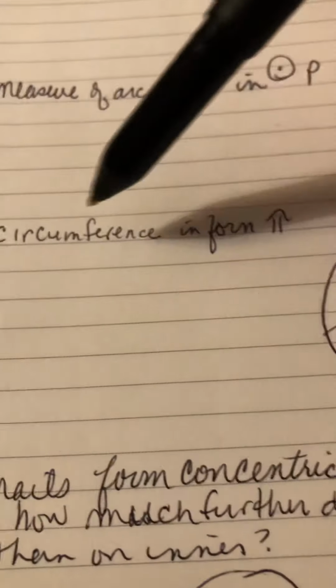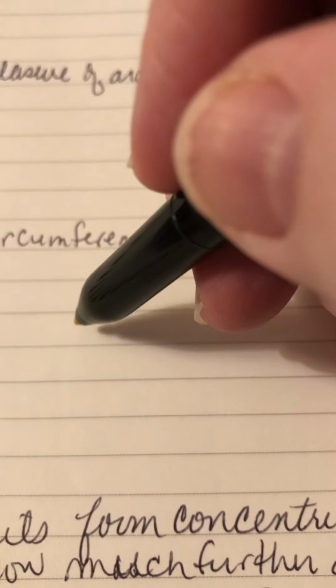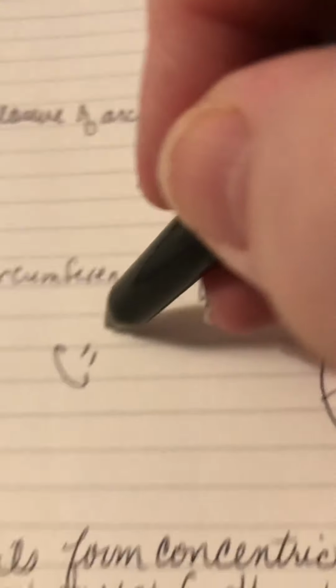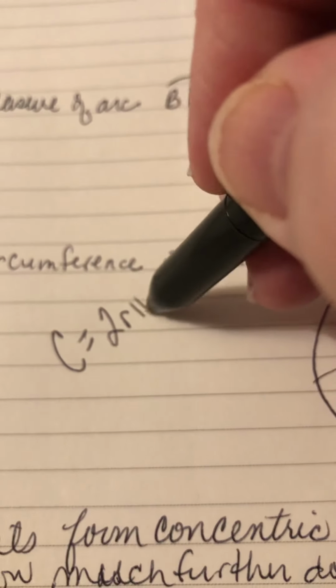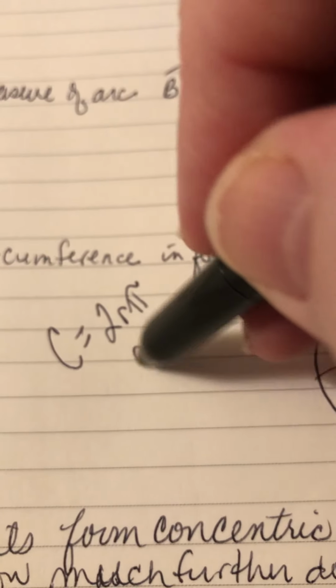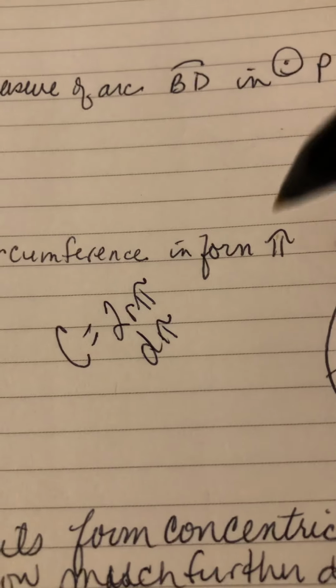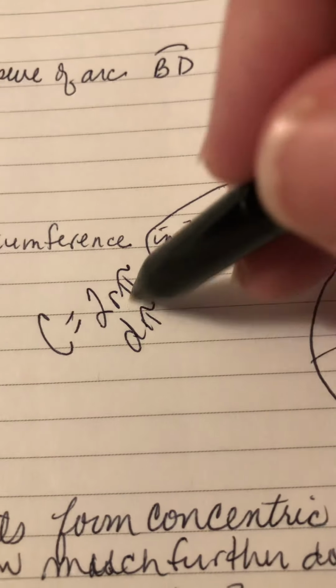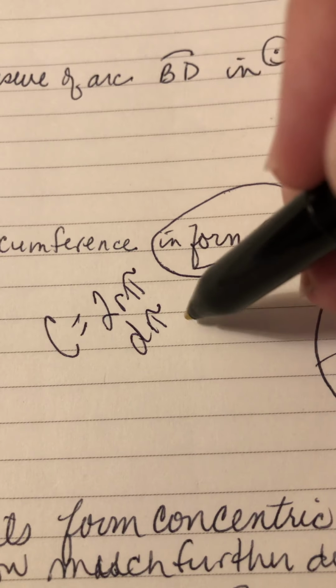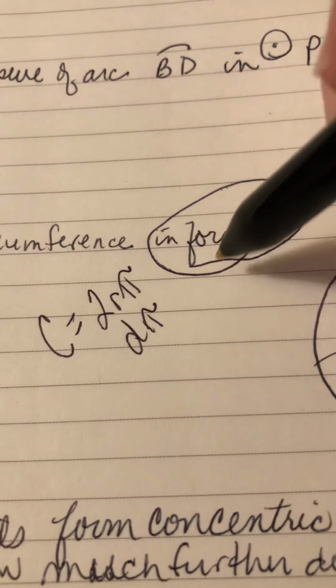And then circumference in the form of pi. So circumference is 2 times the radius times pi, or you could say the diameter times pi. Either one means the same thing. And they did want it in the form of pi, which means they don't want you to change pi into 3.14. So what we would do is we'd say the diameter times pi.